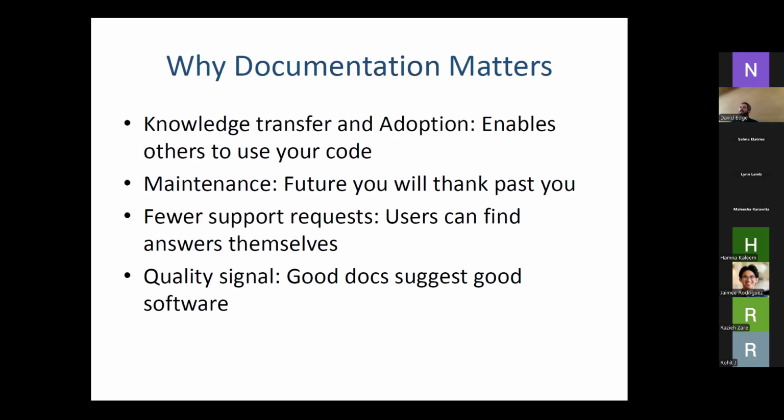All right, so why does documentation matter? Documentation matters for knowledge transfer and adoption. So we want to enable new users to pick up and use your code. And generally, new users adopt code that is relatively easy to figure out how to use.